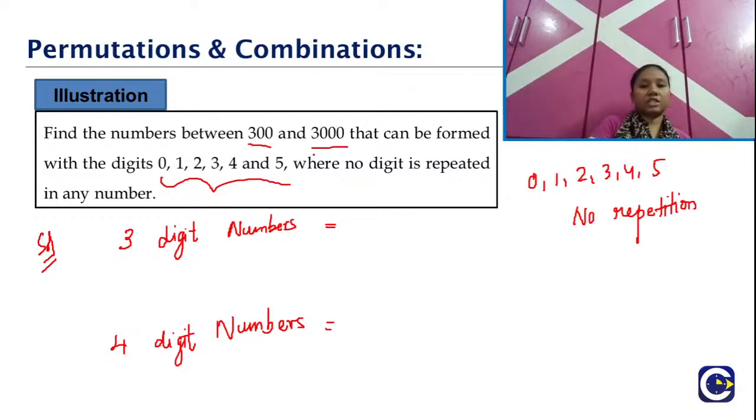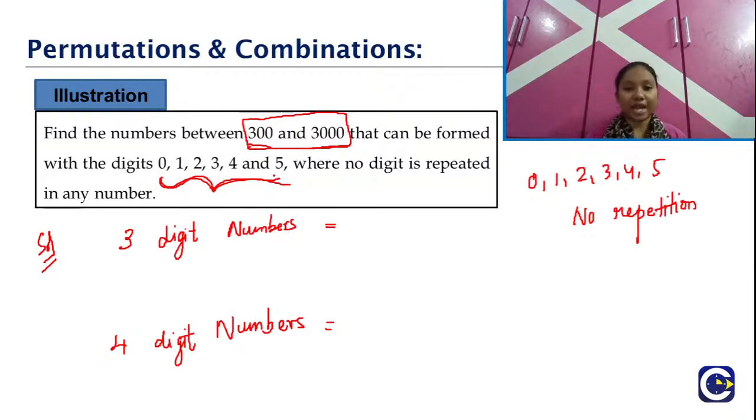So read the question, guys. They are only talking about the numbers which are lying between 300 and 3000, and only those numbers have to be formed using these given 6 digits alone, that is 0, 1, 2, 3, 4 and 5, and one more condition is added in addition, that is nothing but no repetition of digits is allowed.